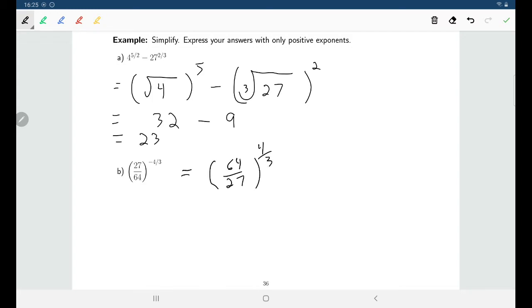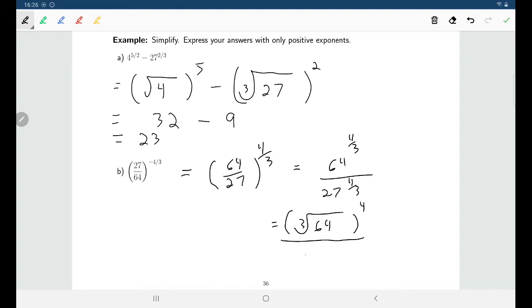And the next thing that we know, of course, is that for a fraction, a fraction raised to a power would be the numerator to that power over the denominator to that power. So this would be 64 to the 4 thirds over 27 to the 4 thirds. And for both of them, we'll be taking the cube root, and then we'll raise it to the power of 4.